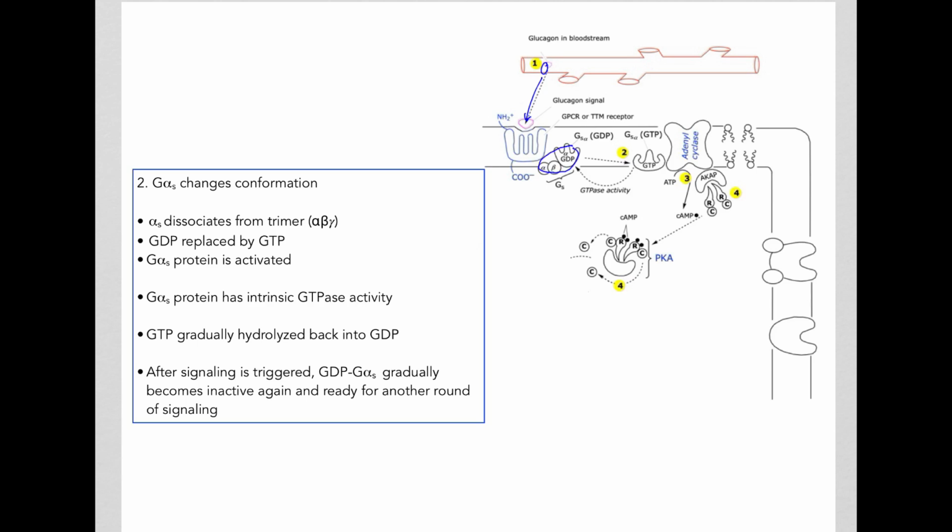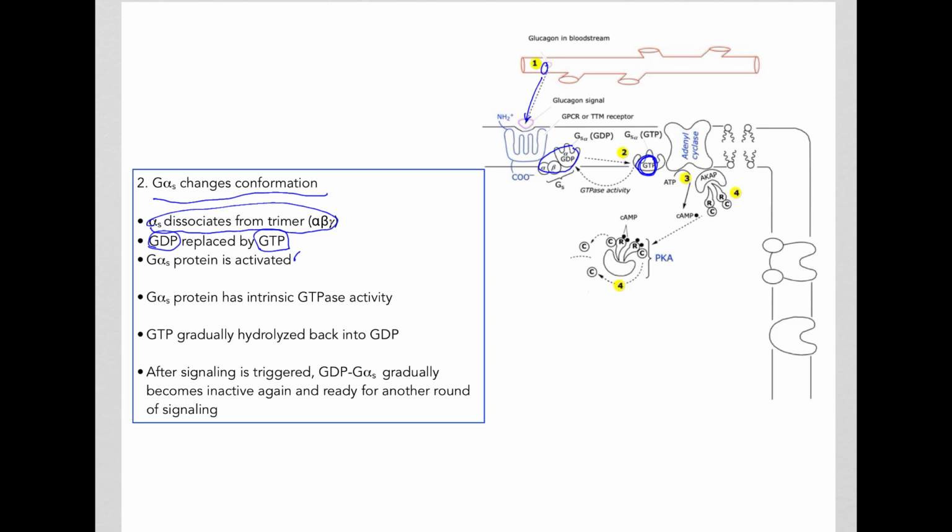The G-alpha S changes conformation. The alpha S subunit will now dissociate from the G trimer, and now the GDP will be replaced by GTP. So now we have GTP bound to the G-alpha S, and this is going to activate the G-alpha S.